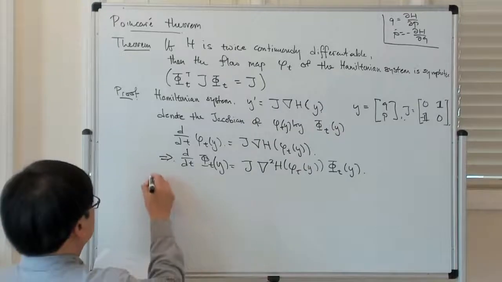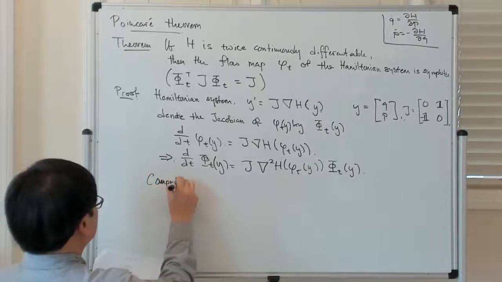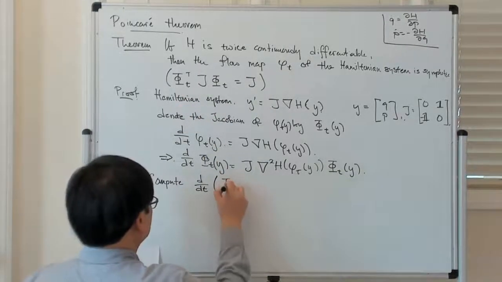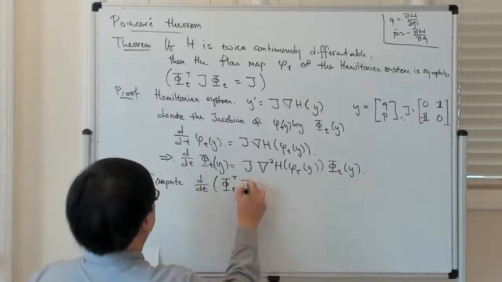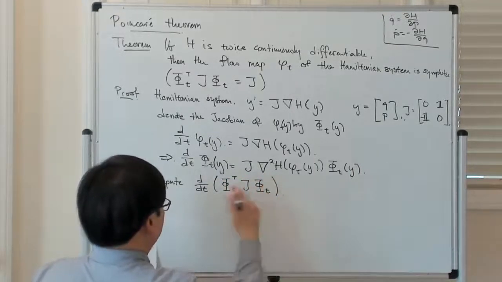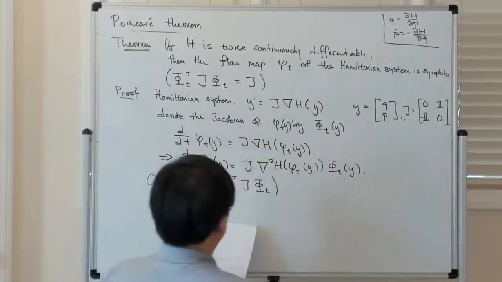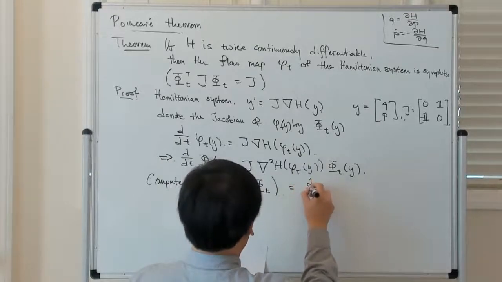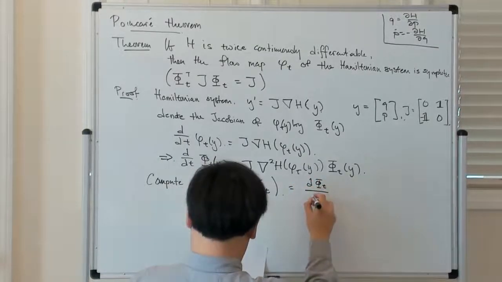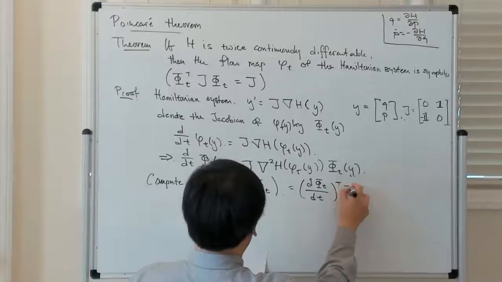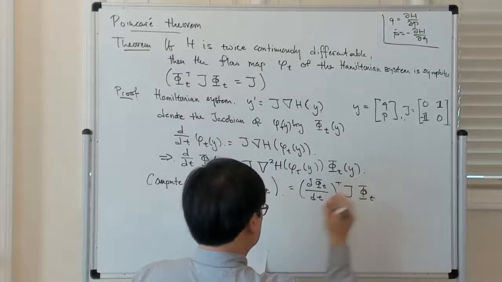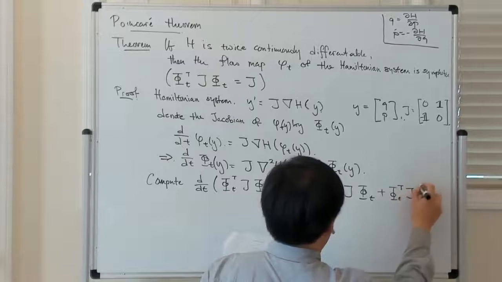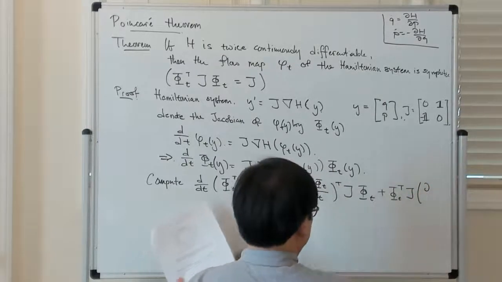Okay, so you compute the time derivative of that left-hand side. You just apply the product rule, using the fact that the J matrix is constant as well. That gives you the time rate of change of the Jacobian transpose J times the Jacobian, plus the transpose of the Jacobian J times the time rate of change of it.